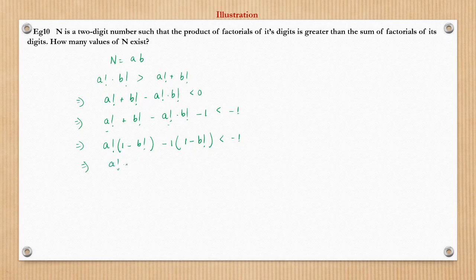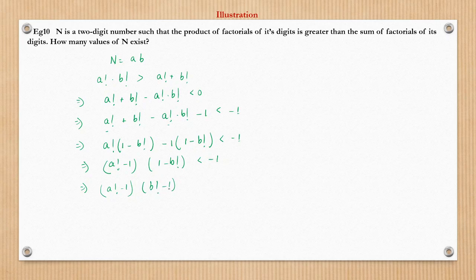So this becomes a factorial minus 1 into 1 minus b factorial, which is less than minus 1. This I can rearrange as a factorial minus 1 into b factorial minus 1, because it was 1 minus b factorial.